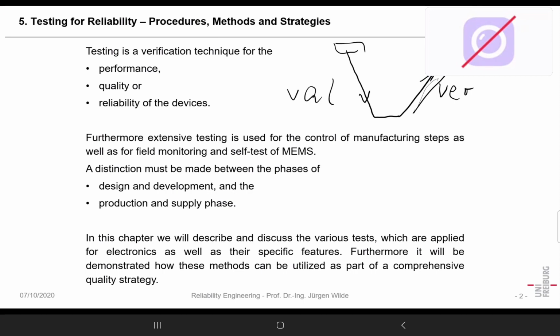So for all of these aspects, testing is necessary, and here we have the phases: design and development, and production and supply. And before that, we also have a phase of research, and here also testing is necessary.